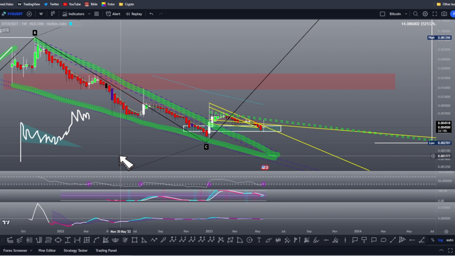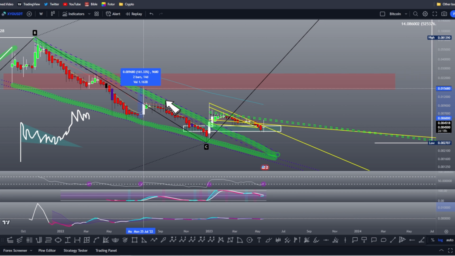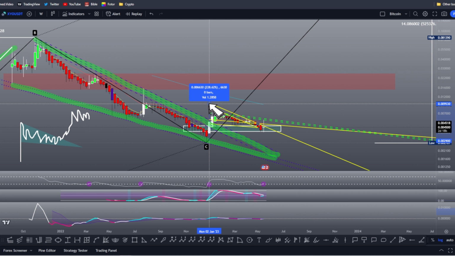These are each of the times going back to March of 2022 where I've seen relief towards the upside in price. This first one, from the lowest to the highest, was 55%, from about the median low right here, 161%, right here, 228%. So at best, considering this isn't going to be the beginning of XYO's next bull market, let's say we move up 228% from this lowest low.